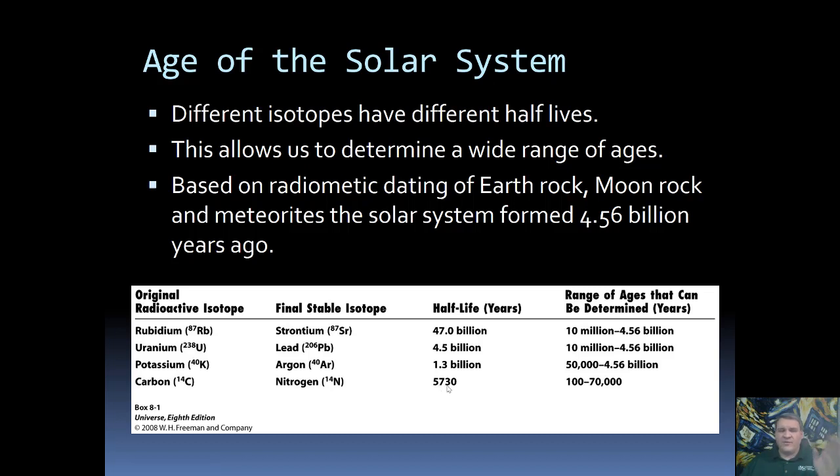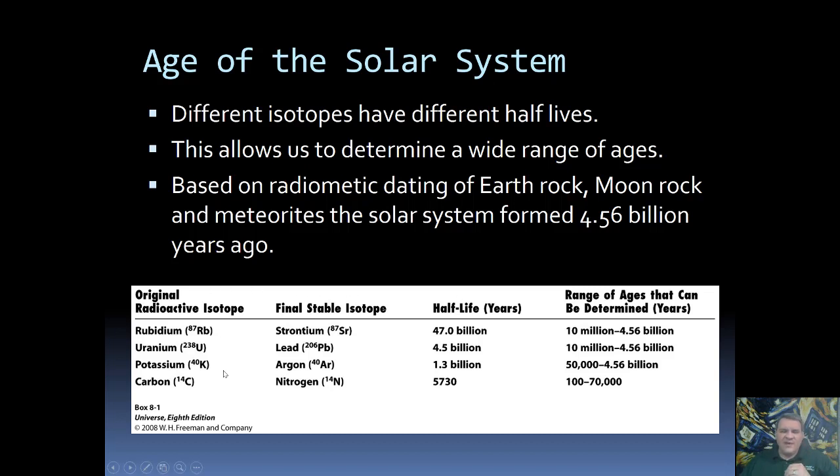So if we've gone through one half-life, then we'll have 50% carbon-14, 50% nitrogen-14, and we know that the sample is around 6,000 years old. Now, because of how long this half-life is, we can use carbon dating from around 100 to about 70,000 years. In other words, it's going to be really, really good for archaeology and anthropology, but it's not going to help us determine the age of the solar system.